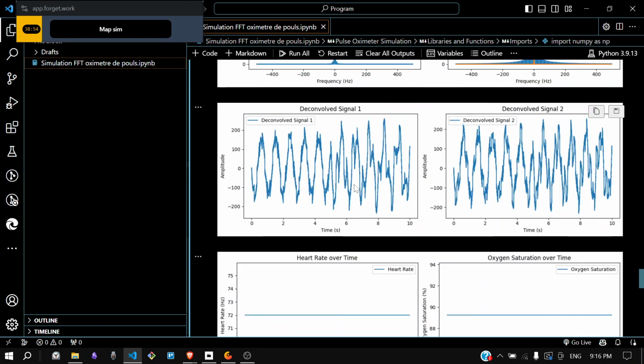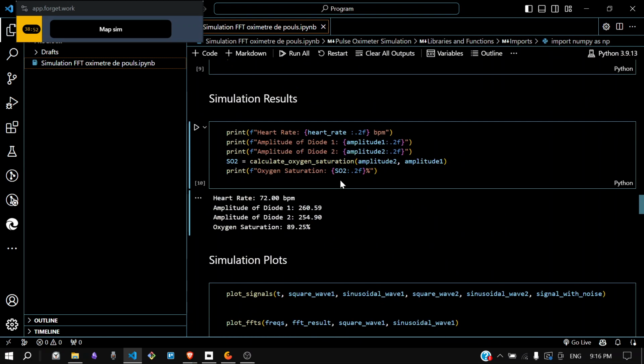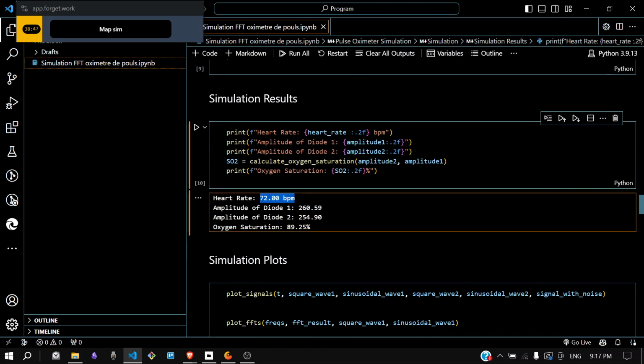We could see the heartbeats, get how many beats per minute, and what's the oxygen saturation.